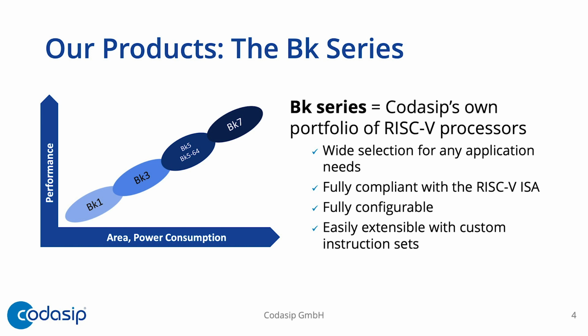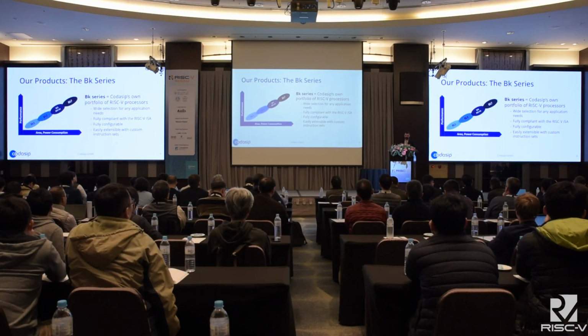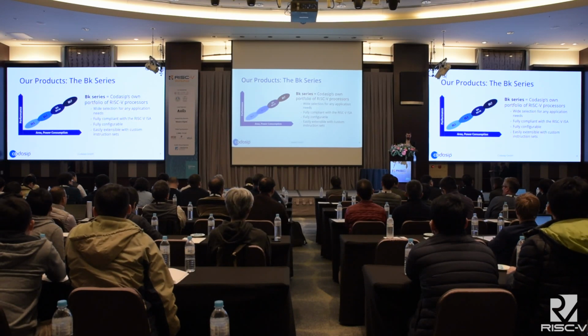BK5 has an option of 32-bit or 64-bit. BK7 is a 64-bit Linux-capable core, so it's the most complex one. We have just 4 microarchitectures to choose from, but on the other hand, we have several configuration options, either on the instruction set level or on the microarchitecture level. So in fact, we have dozens and dozens of different IPs at the end of the day, depending on the configuration.